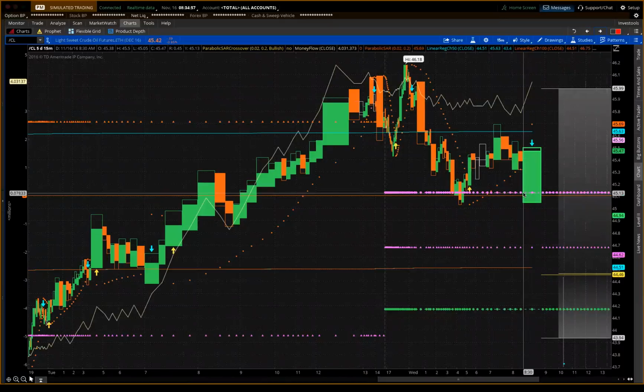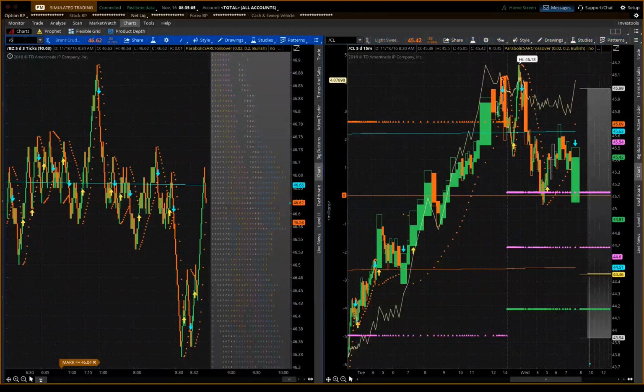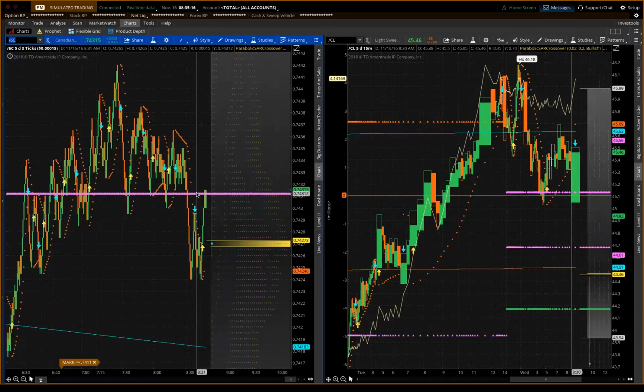Okay, they're biting off the pullback. Canadian dollar's coming down nicely. And NASDAQ. All right, so there's the pivot on the Canadian dollar.